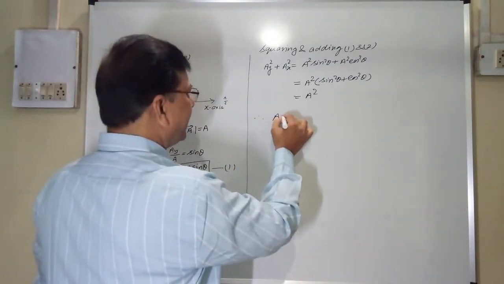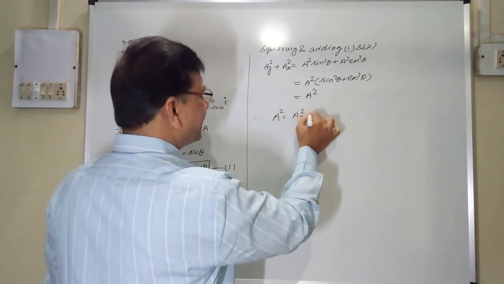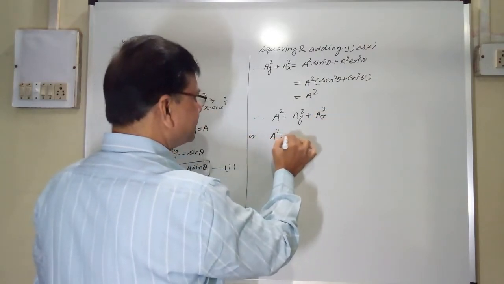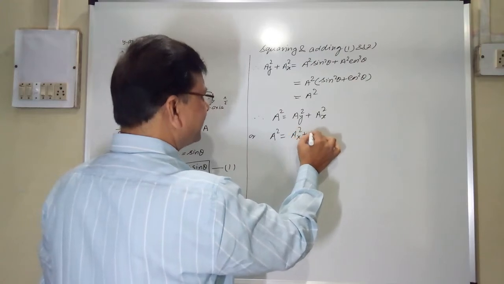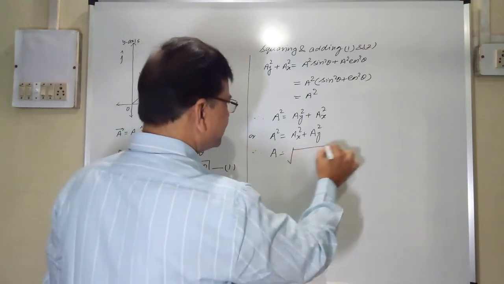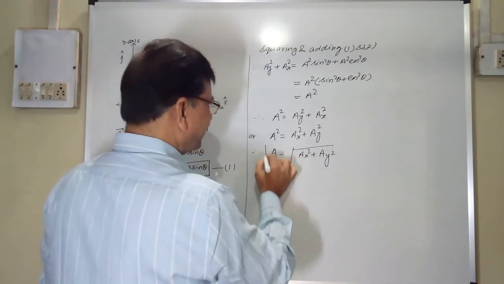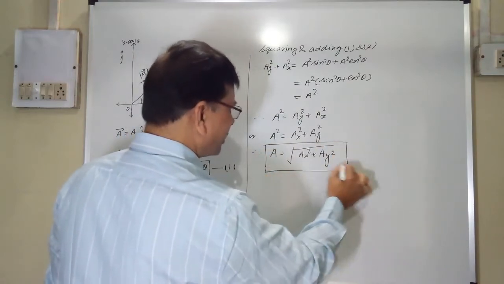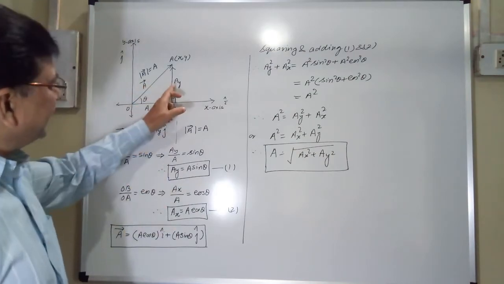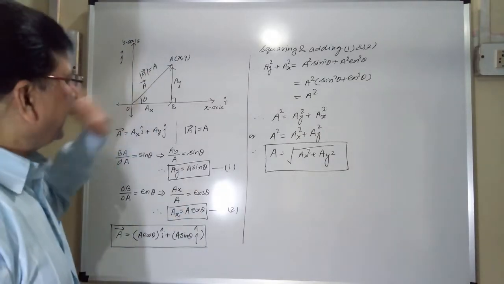Therefore, A square is equal to AX square plus AY square. Therefore, A is equal to under root AX square plus AY square. Means if the components of this vector A along the x-axis and y-axis are known, we can find the magnitude of the vector A.